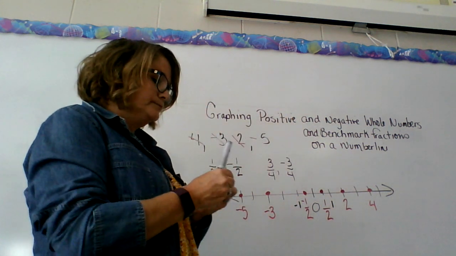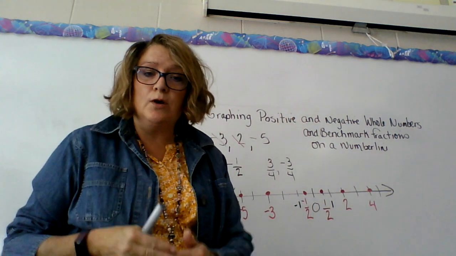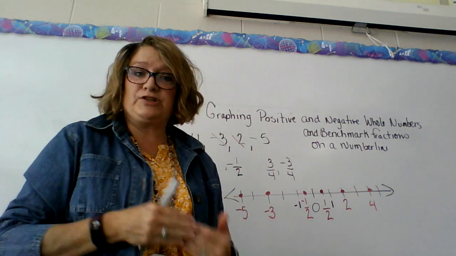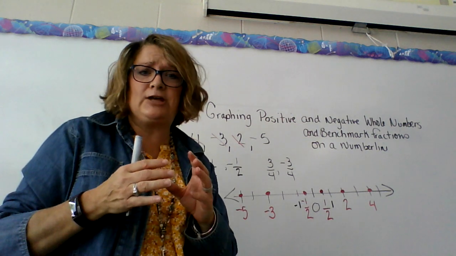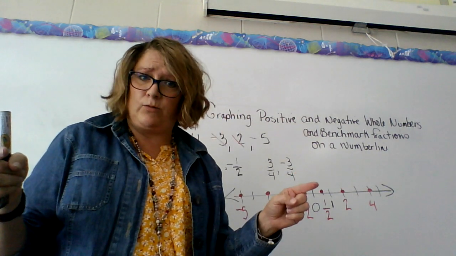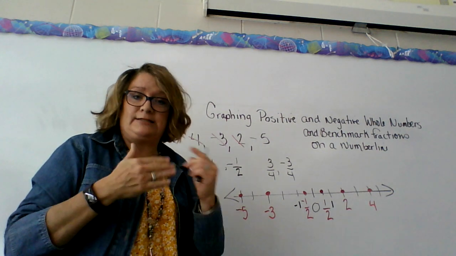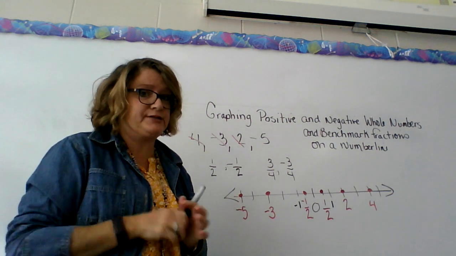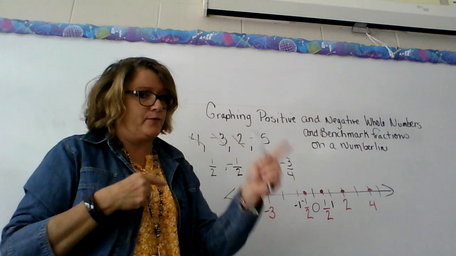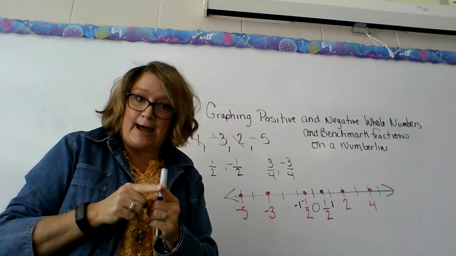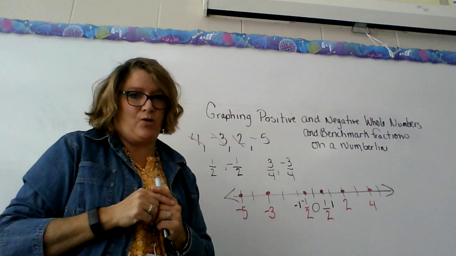Okay? Now the same is going to be true for 3/4 and for negative 3/4. They're going to be in the same exact location, but just on the other side of 0. So if we are at 0 and I have to graph 3/4, 3/4, as you know from the other day, is larger than 1/2, but it's not as large as 1 whole.